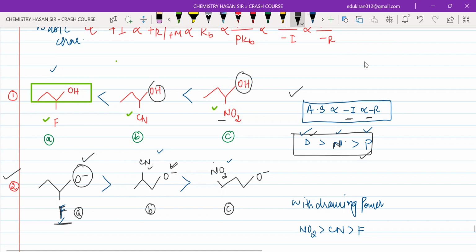In JEE Mains, just keep in mind that you will get at least 2 to 3 questions. At my time, there were 4 questions from GOC. Sorry, I just lost connection.